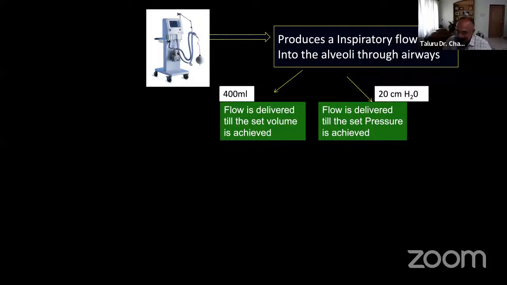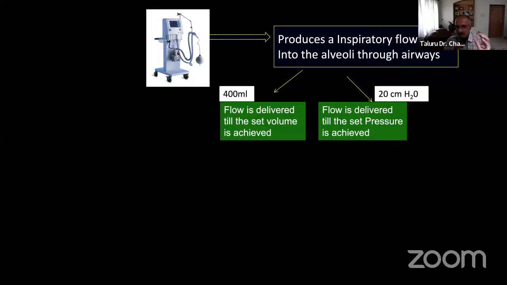Any doubts on this? So when we say volume limited, volume assist or volume controlled ventilation, your understanding should be that there is a flow of gas from the ventilator till a set tidal volume is delivered. Even if the lung is sick, 400 ml will go. What will change?